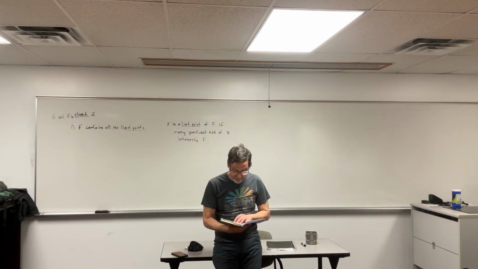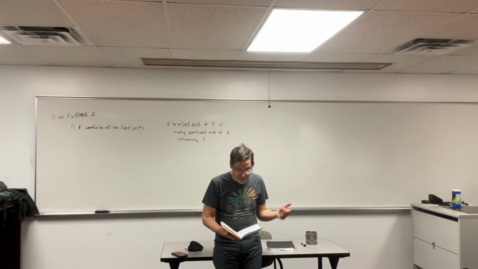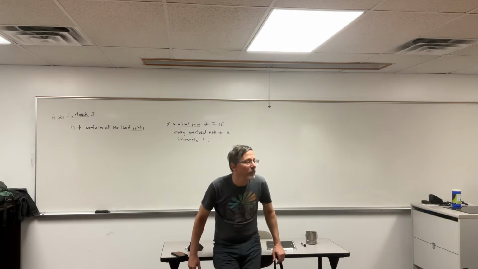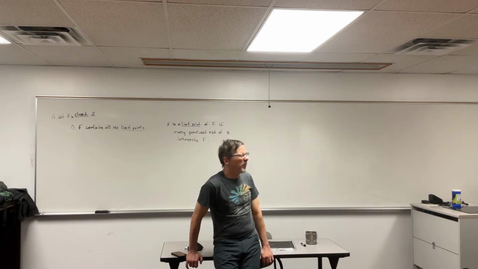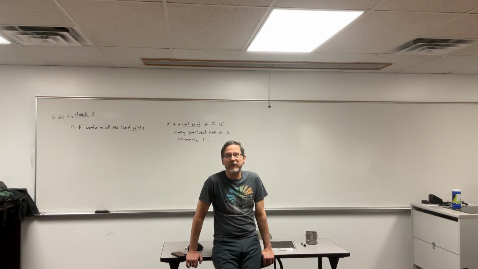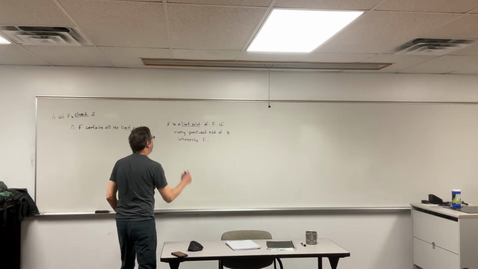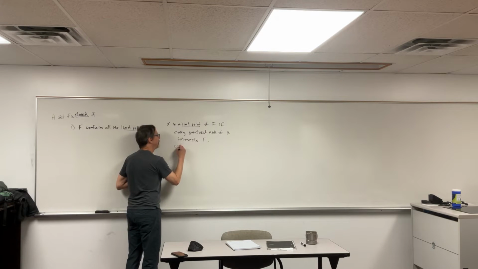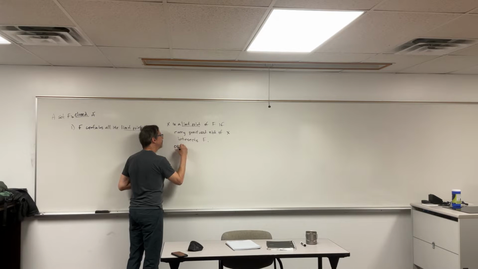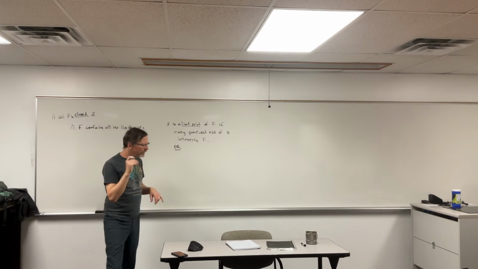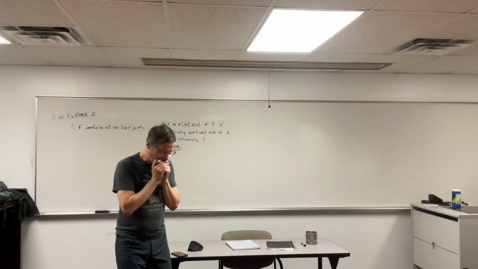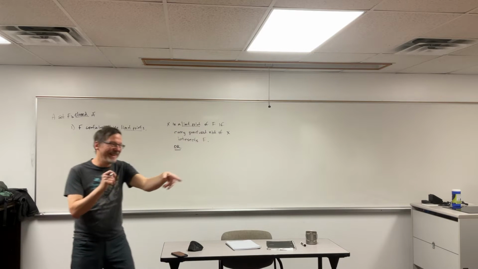Okay, so definition 3.24 is essentially what Trinity gave us. What does theorem 3.25 say? X is a limit point of F if X is the limit of some sequence that's contained in the set.